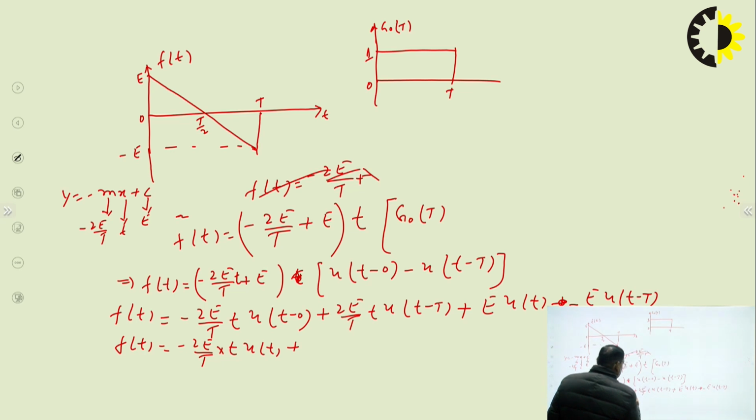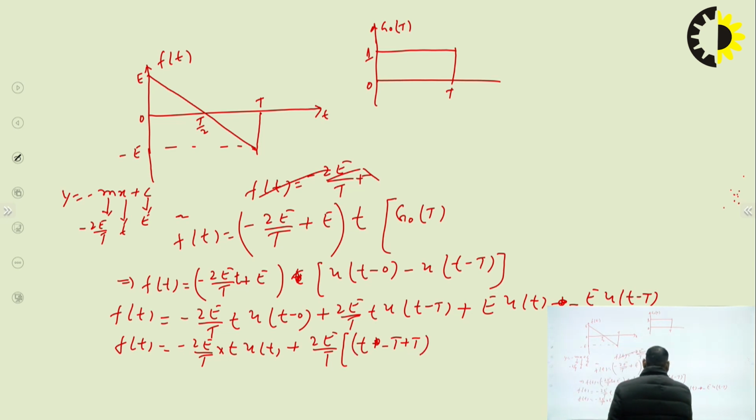Again this can be written like this. Take this outside. t can be written as t minus T plus T, because I am converting this in terms of the shifted ramp.